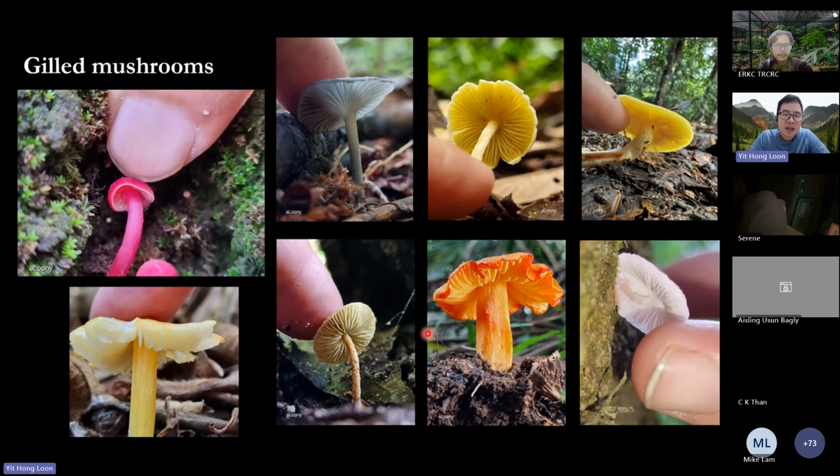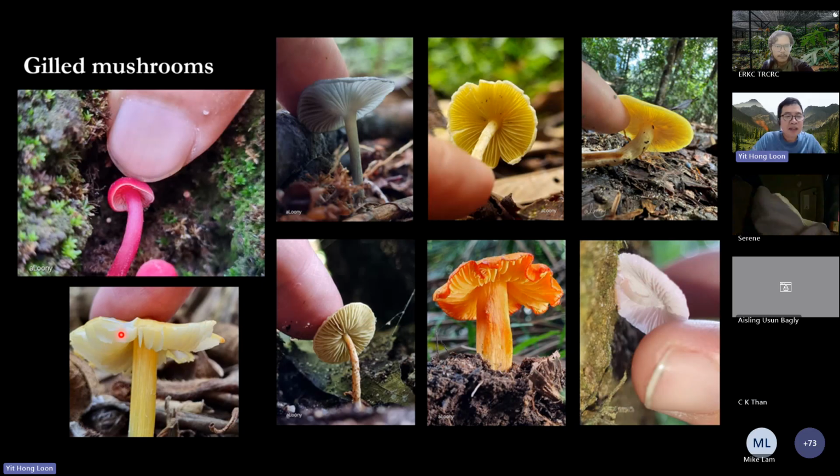This is an example of a gill mushroom that I found in my mushroom hunting or fungi foray. You can see this is the cap, and this is all the gills underneath the cap. So this is the gill mushroom.